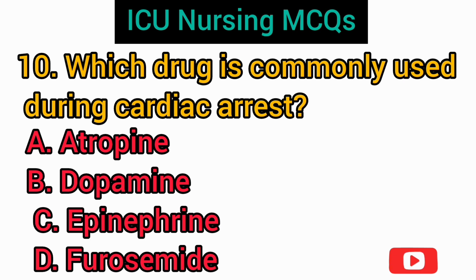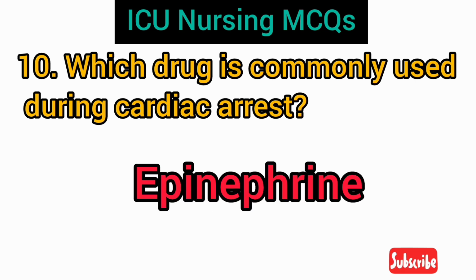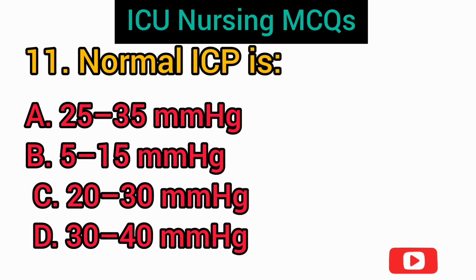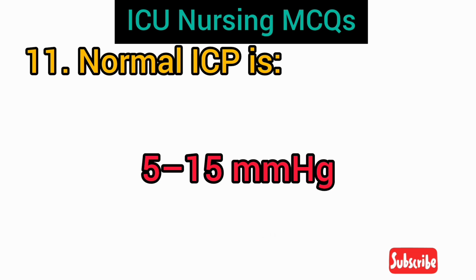Which drug is commonly used during cardiac arrest? Epinephrine. Normal ICP is 5 to 15 millimeters of mercury.